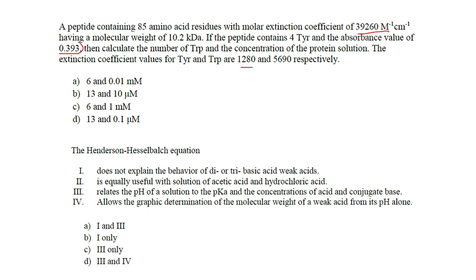This is your absorbance value, and you have epsilon to be this one, and L you can consider 1 centimeter, and you get the value to be 10 to the power minus 5 molar, that is equals to 0.01 millimolar. So this would be the correct answer. These type of questions you can expect in your exams as well.